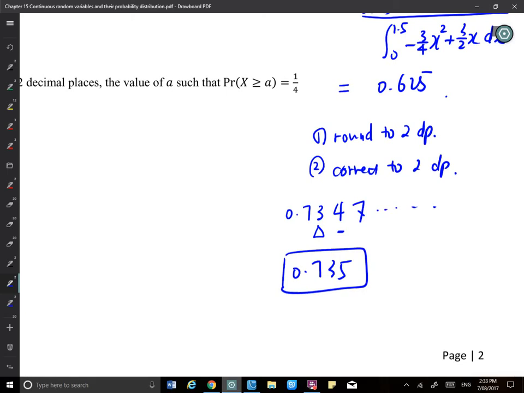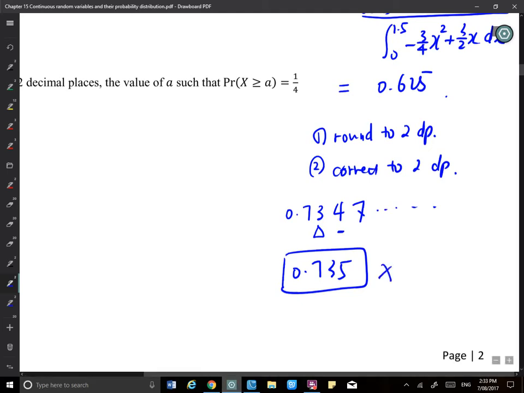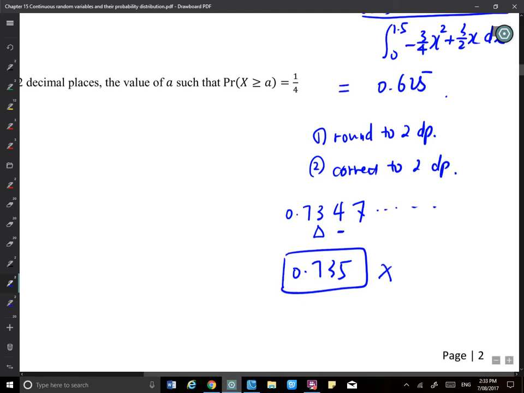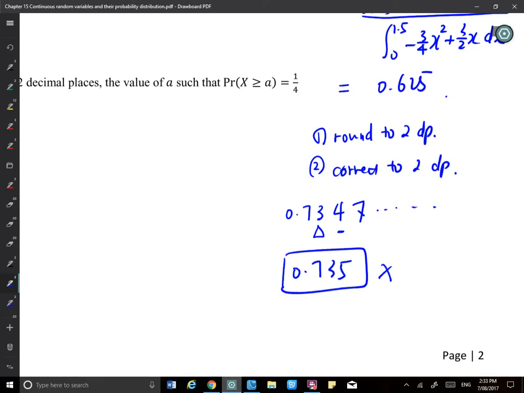And then when I try to round from your answer here, the next digit will be a 4. Then it's a double rounding error. That answer is wrong. So in most cases, if you say correct to 2 decimal places and you give more, most of the time it's correct. Only when the next digit is a 4 and the next one tries to round it up, then it becomes a double rounding error. Because when you give me this answer, I will try to round from your answer and I will round it to 0.74, and it's a double rounding error, which means your answer will be wrong in this case.